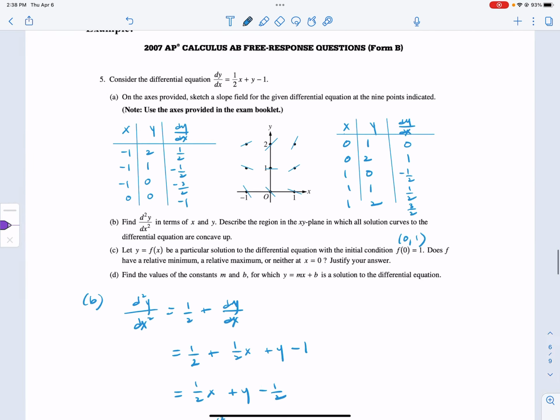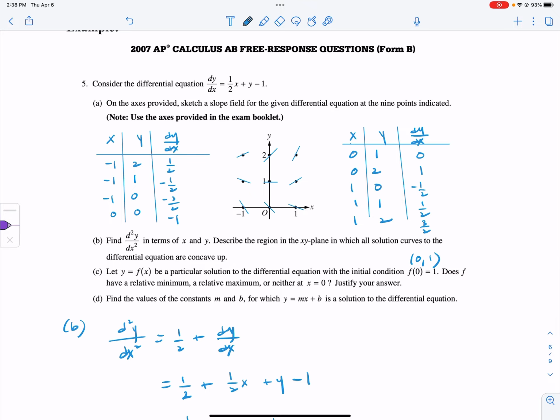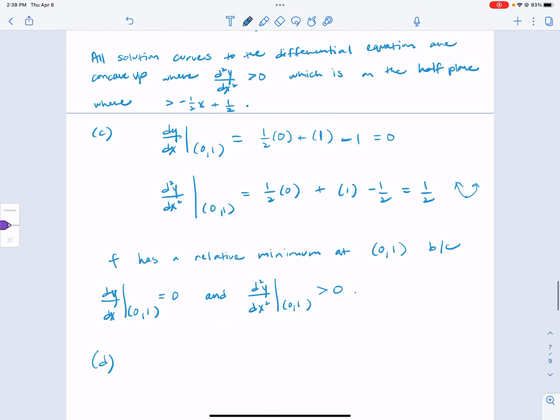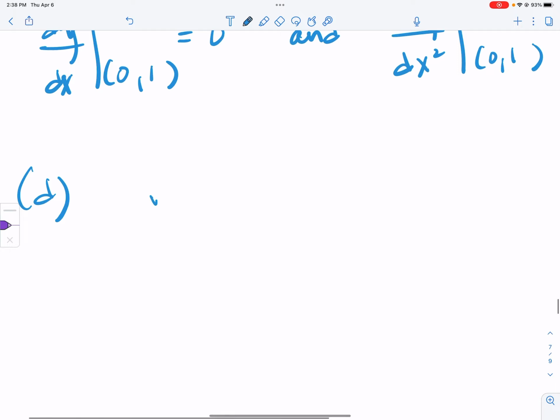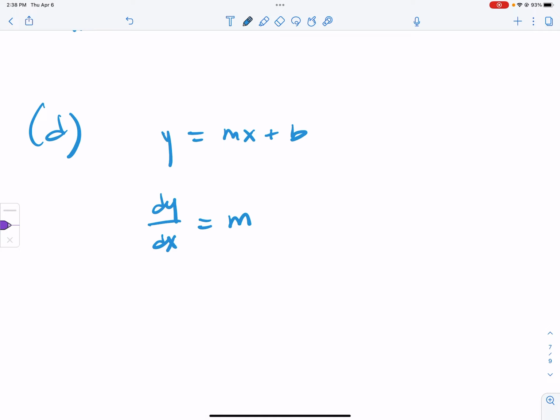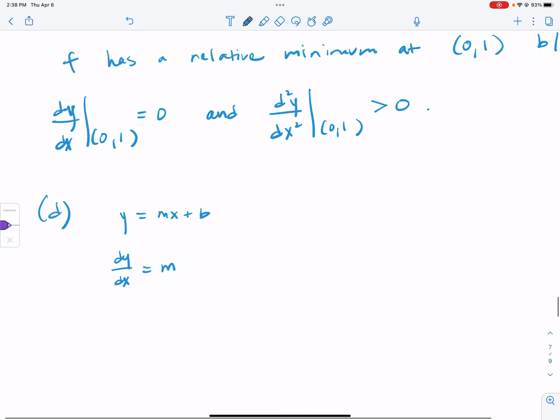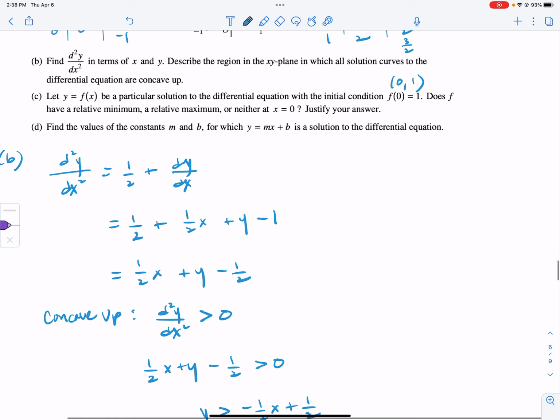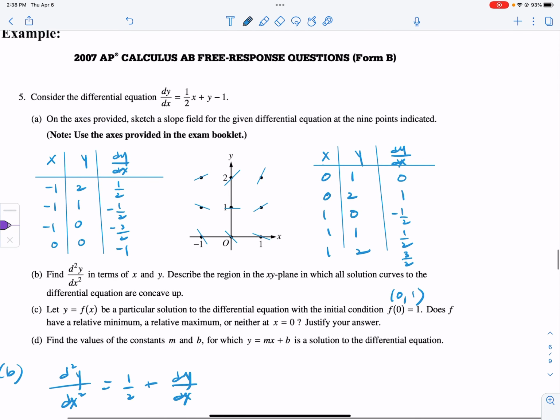Well, a differential equation has dy over dx in it, so if we wanted to find the derivative dy over dx of y equals mx plus b, wouldn't that be dy over dx equals m? Which, if you then were to set in your differential equation, here, let me copy and paste this.